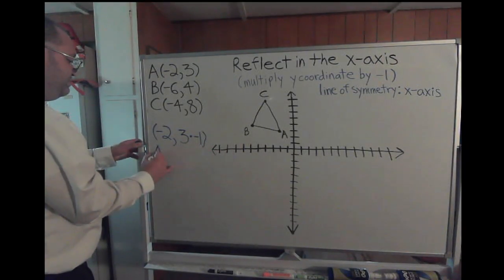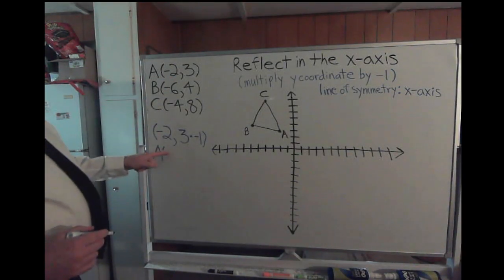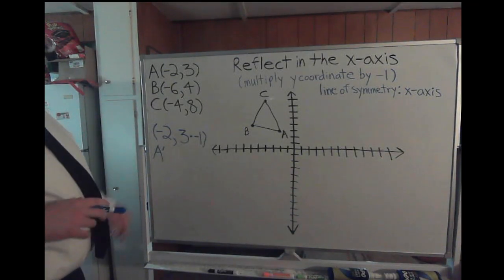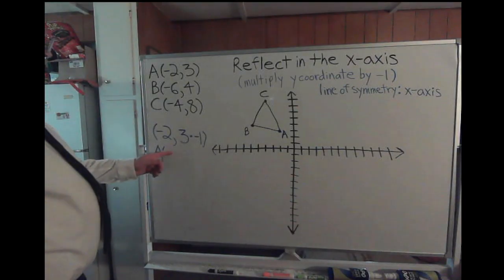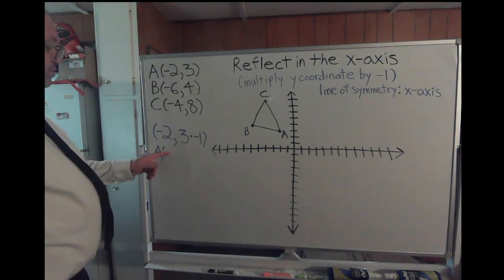which would have to mean that coordinate A becomes A prime. A prime, again, is your transformed coordinate. If you remember from the last lesson when we did transformations by shifting, it's the same idea with reflections. You call the transformed coordinate prime. It has that tick mark beside it.